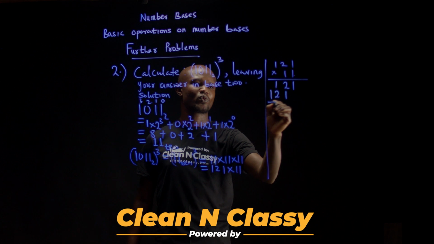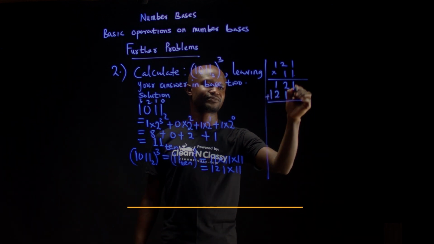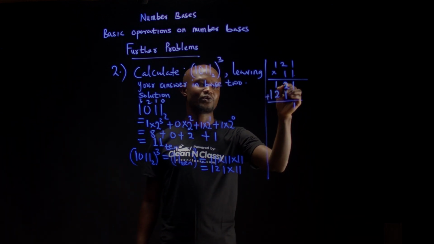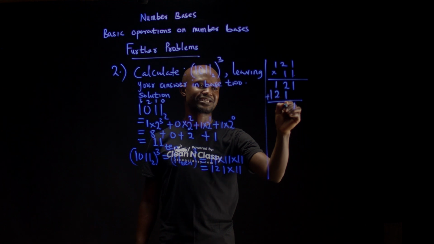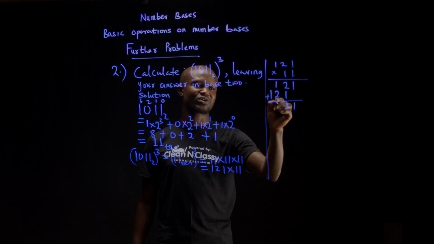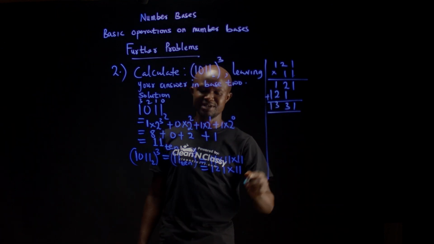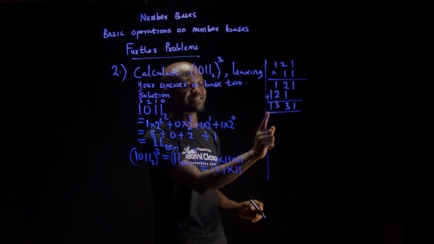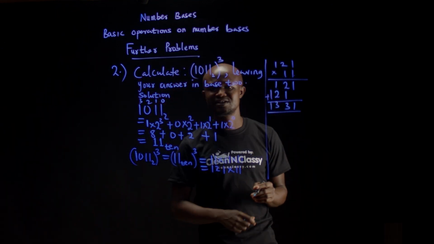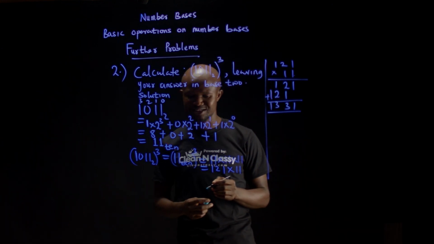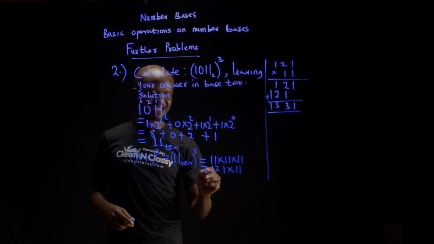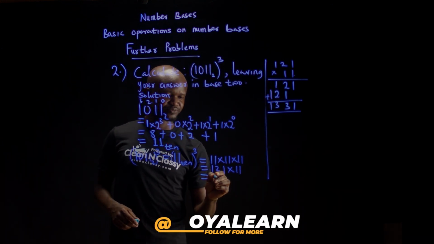Then we add: 1, 1 plus 2 is 3, and 2 plus 1 here is 3, and we have 1. So it means that 11 cubed is 1,331.